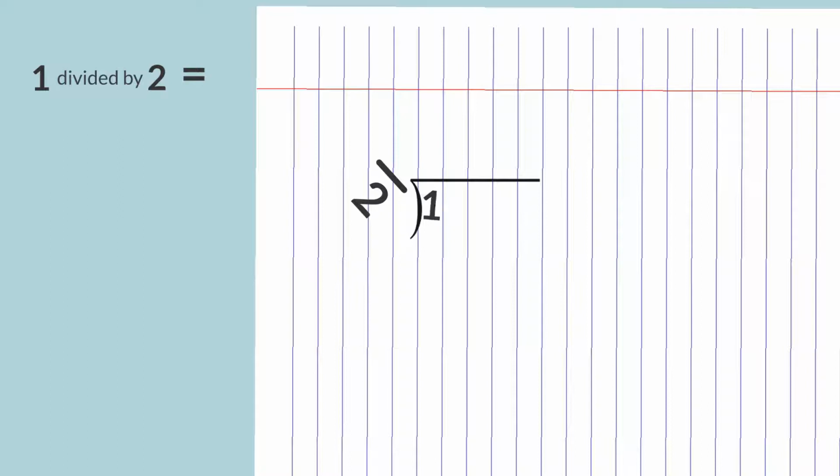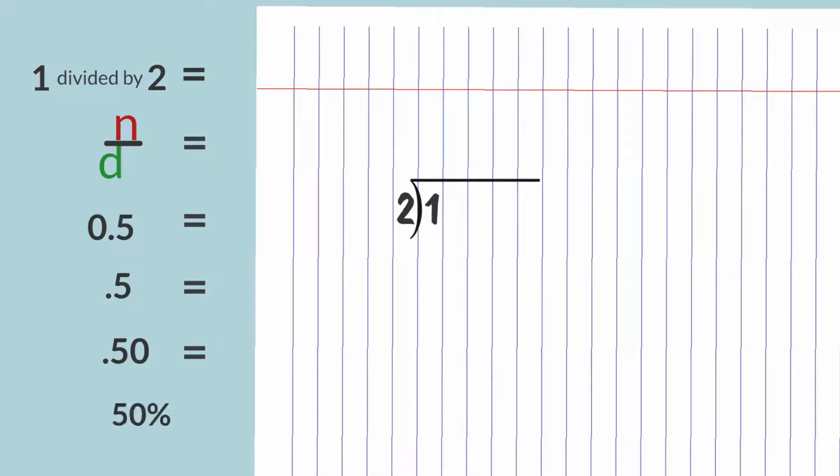Put the number 1 inside the division bracket and the number 2 outside on the left. How many times does 2 go into 1? None. You can write a 0 over the 1 to start your quotient, or just leave that part blank.